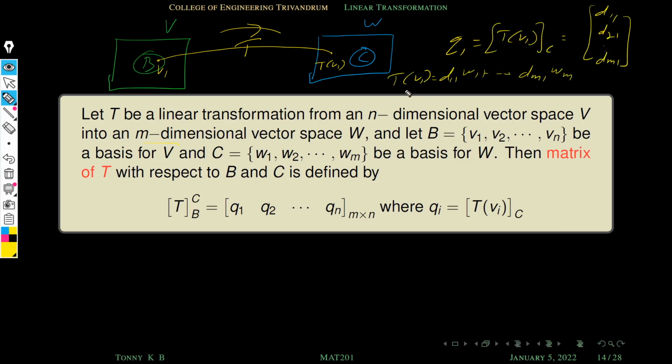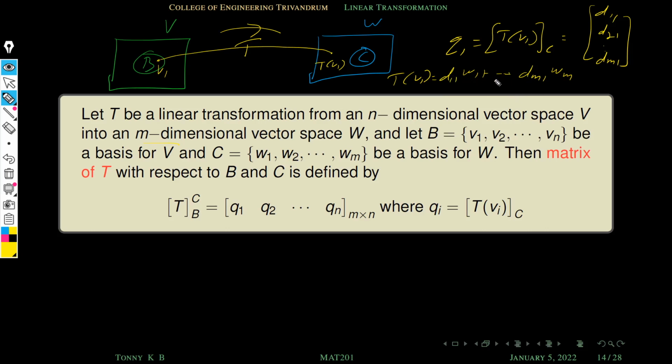So we express T of V1 in terms of basis C: some constant times W1 plus some other constant times W2, etc., plus some other constant times Wm. Those constants will be D11, D21, etc., Dm1.